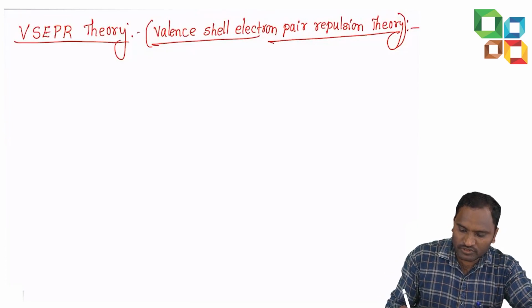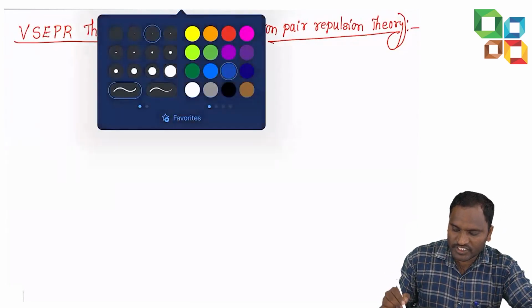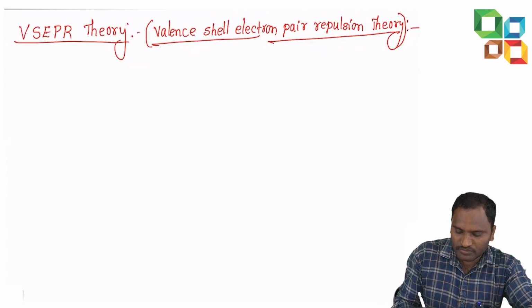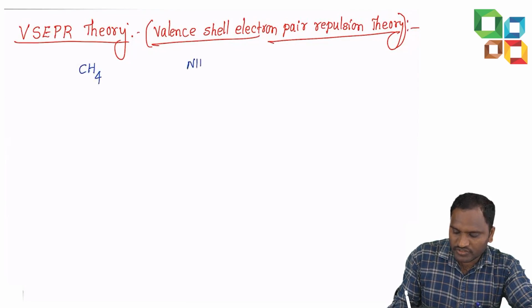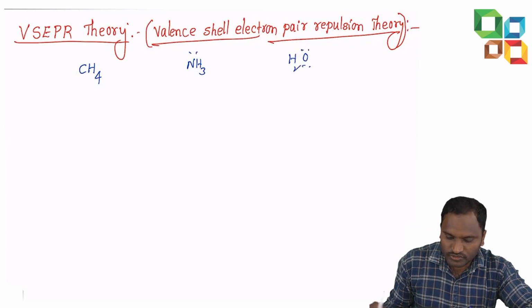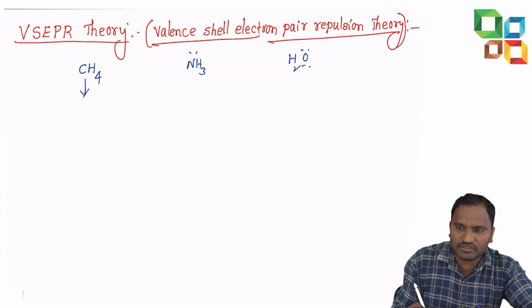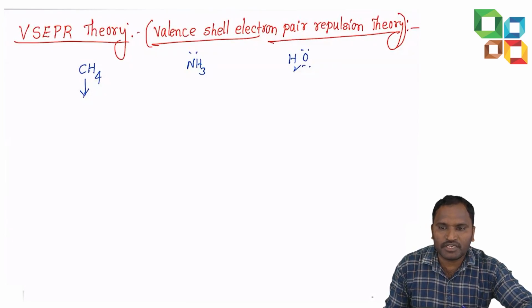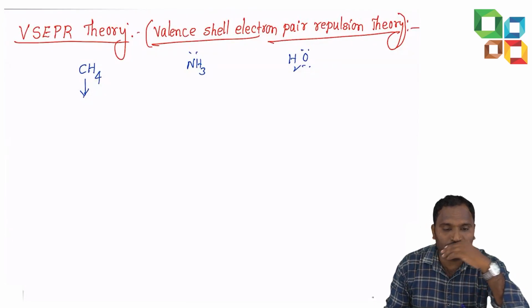What are the things explained in VSEPR theory? We'll see first one by one. I'll take one example and explain. CH4, NH3, H2O. Students, what is the hybridization of carbon in CH4? Already we did this one.